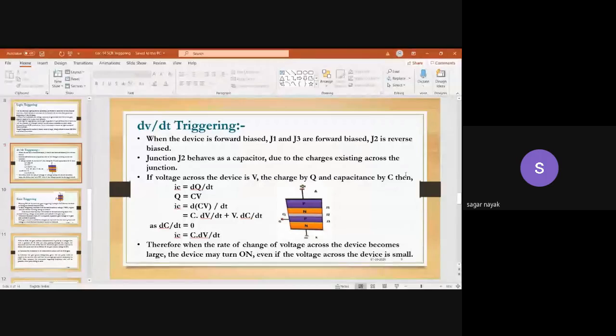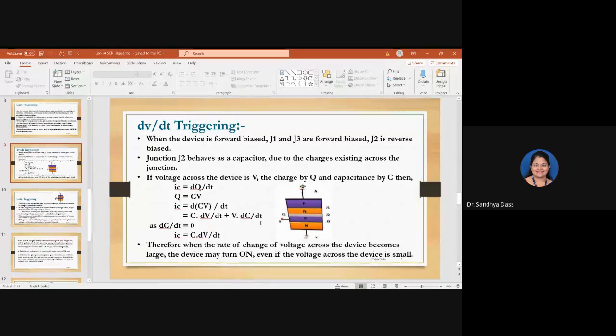And we know that the width will change when we apply the voltage. In the previous expression, we are considering that dV by dt is present. That means the voltage is varying, and if it is varying, then the capacitance will also vary, right? Because the width is varying. So why is dC by dt 0 then, if C is varying?